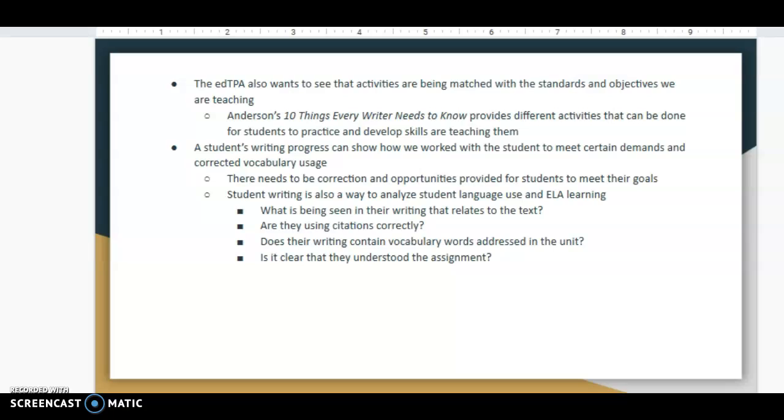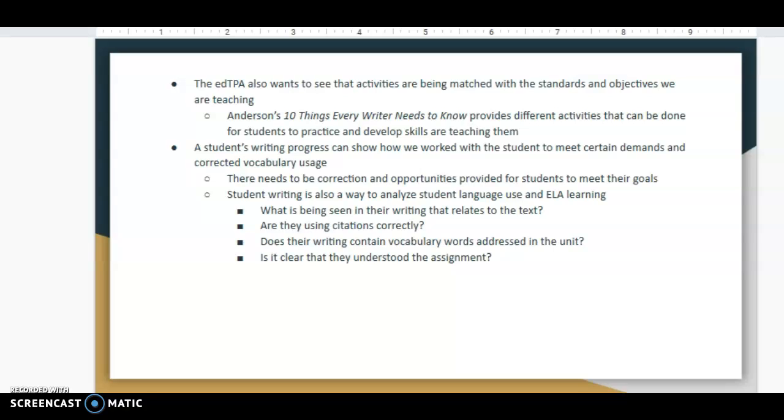And it's also thinking about planning backwards, which I know is a Gallagher deeper reading thing, but it also applies to everything. And then just going back to Anderson, he provides activities that can be done for students to practice and develop skills. We are teaching them, and those skills are matched with the standards and objectives of the unit.